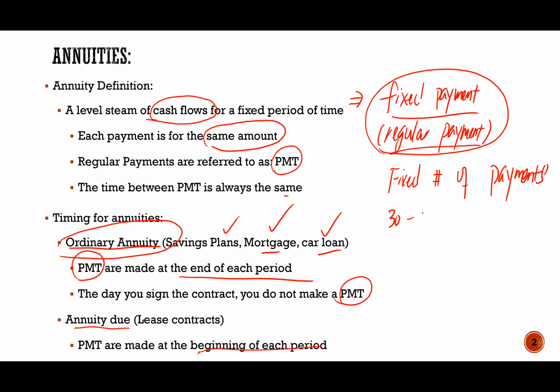For example, a 30-year fixed mortgage or car loan, something like that, you are paying 360 payments.